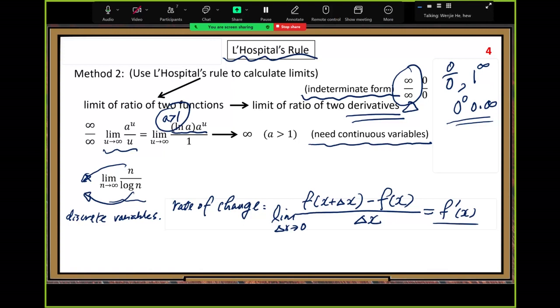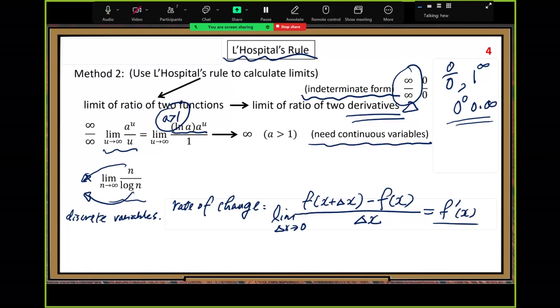All right? So that's why you should be careful. In this class, all our functions have discrete variables. Let's say n squared. For this function, n you can only take 1, 2, 3, 4, 5.